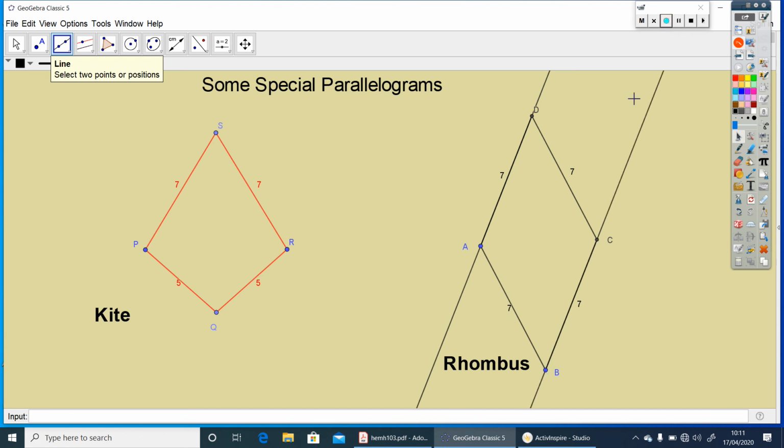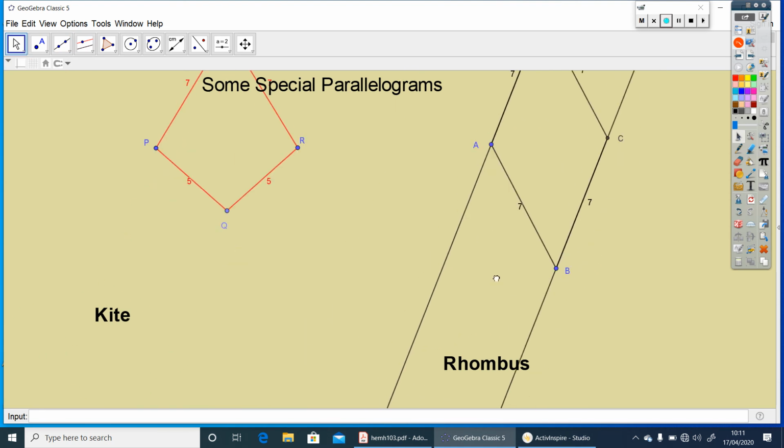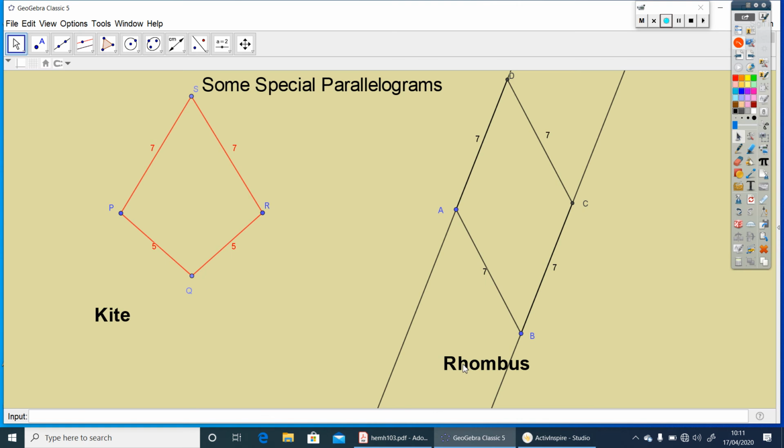Here also you can see the lines are not intersecting. So these two sides are also parallel. Here we found both pairs of opposite sides are parallel. So this is a parallelogram. That means a rhombus is a parallelogram.